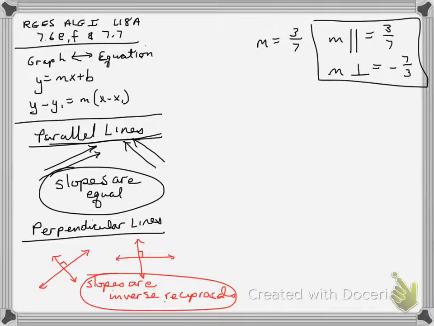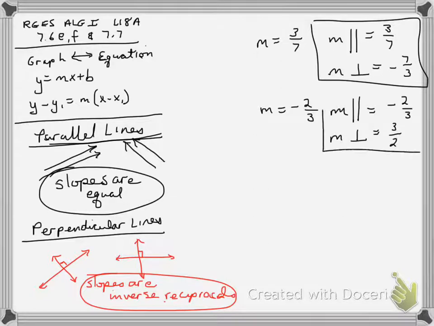Let me do a couple more. If my slope is negative 2/3 on the line I'm thinking about, then the slope of the parallel line, that's an m, believe it or not, is the same, negative 2/3, and the slope of the perpendicular line is the opposite sign, now positive, and flip the fraction, 3/2. So that's pretty straightforward. Now we're going to use that to solve our problems.